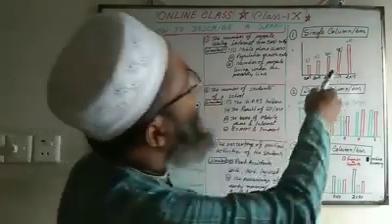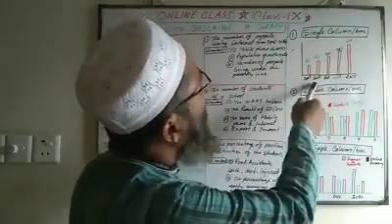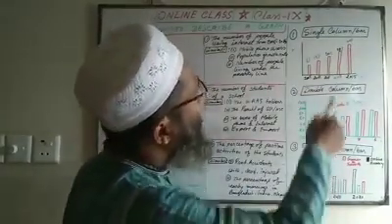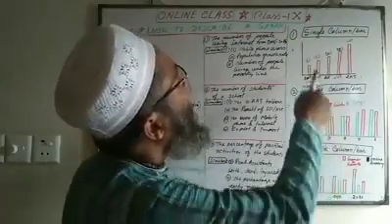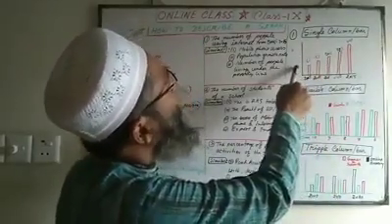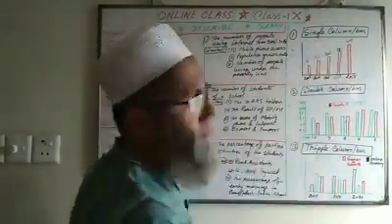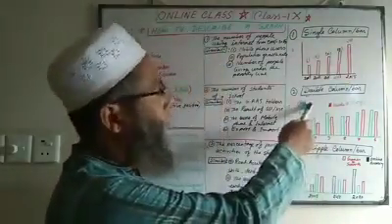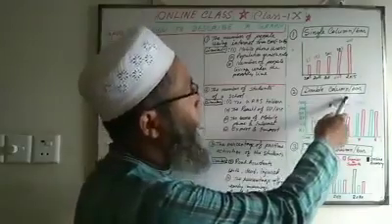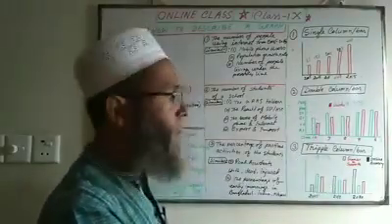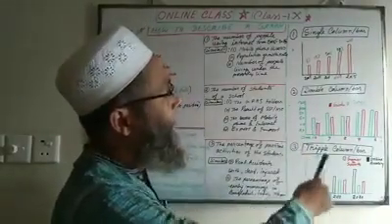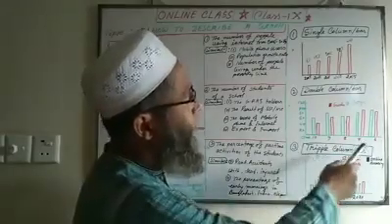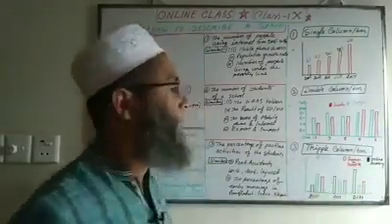Firstly, here you can see 3 types of graph. The first one is a single column or single bar based graph, the second one is a double column or double bar based graph, and the third is a triple column or triple bar based graph.